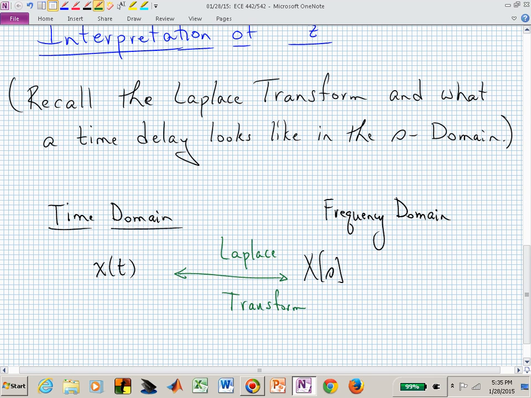Let's say the one-sided Laplace transform. You remember what that is? What's the definition of the Laplace transform?